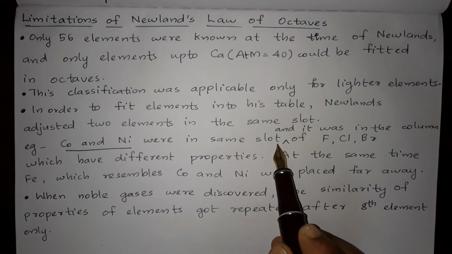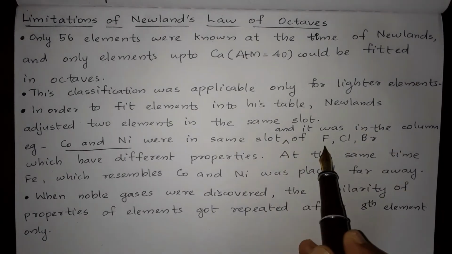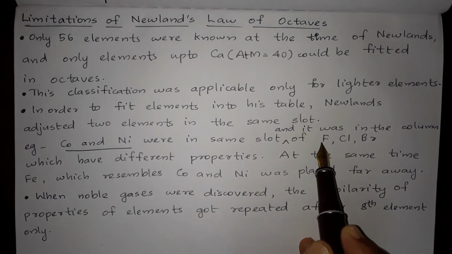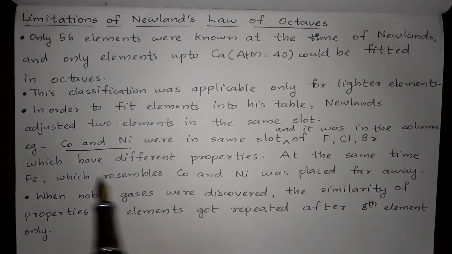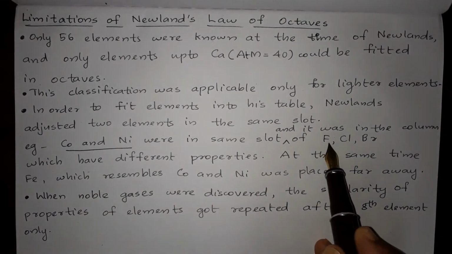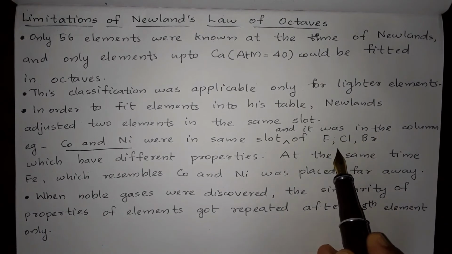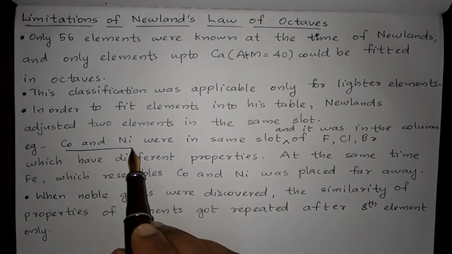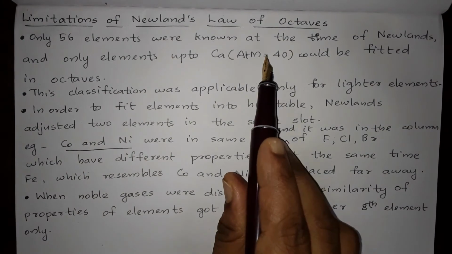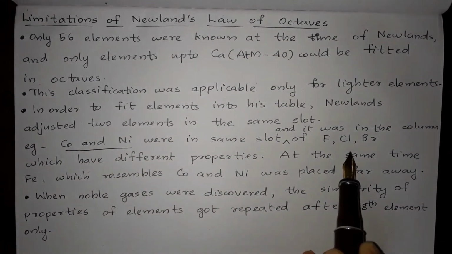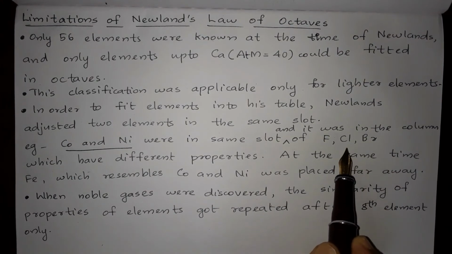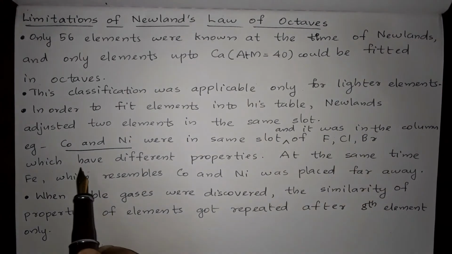But this slot was in the column of fluorine, chlorine and bromine, which have different properties. We know these 3 elements differ from cobalt and nickel, but in Newlands' octaves, these were in the same column, which have different properties.